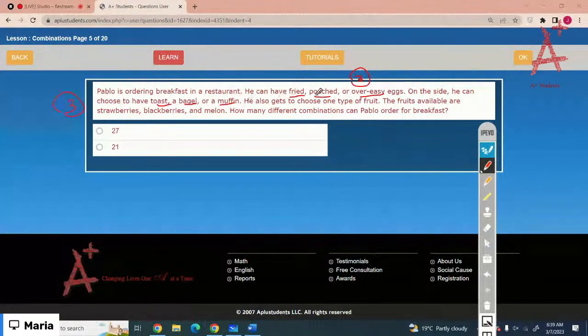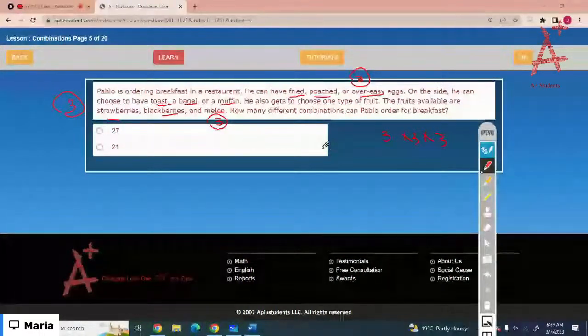He can also choose one type of fruit. The fruits available are strawberry, blackberries, and watermelon. Three types of fruit. How many total combinations? It would be 3 times 3 times 3. So 3 times 3 is 9 and 9 times 3 is 27. Got it? So the correct option is 27.